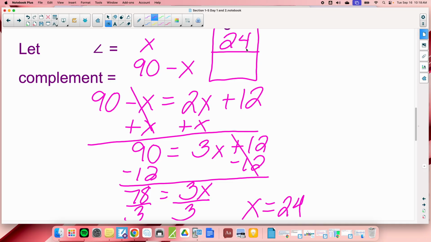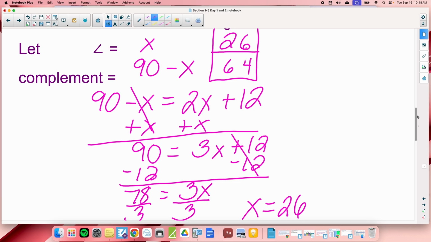How would I find that one? Which would be what, 66? Okay. Yeah, it's 26. Oh, you got 26. Thank you. 26. So then this would be a 64 and this would be a 26. Thank you for telling me that.